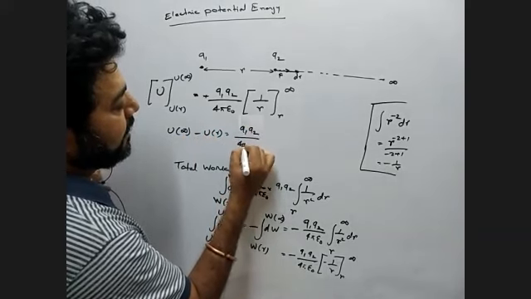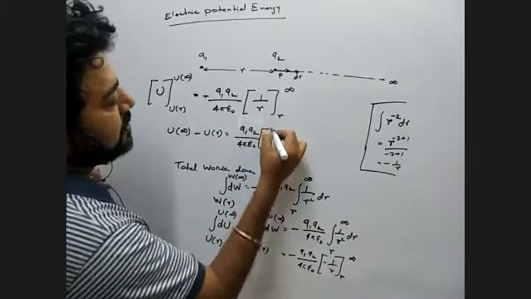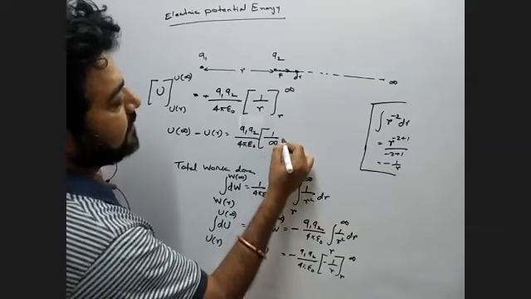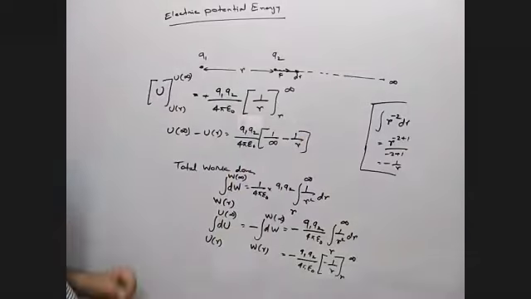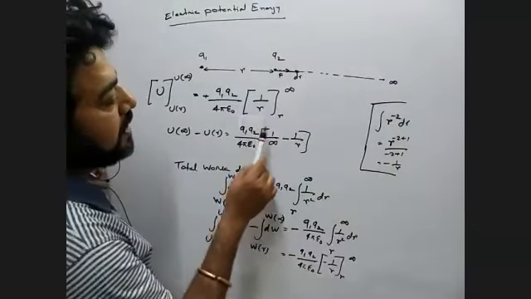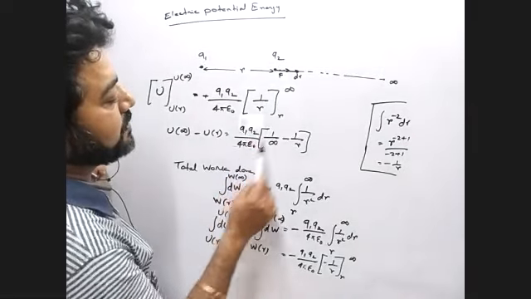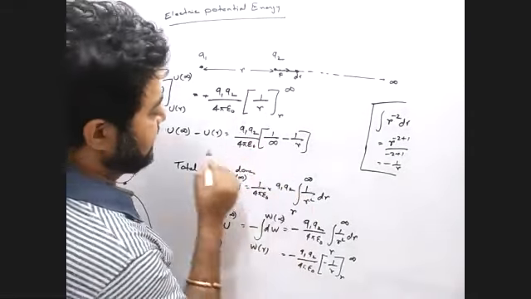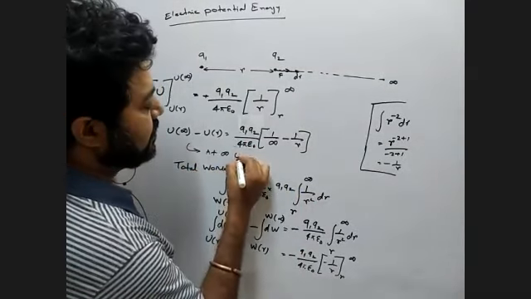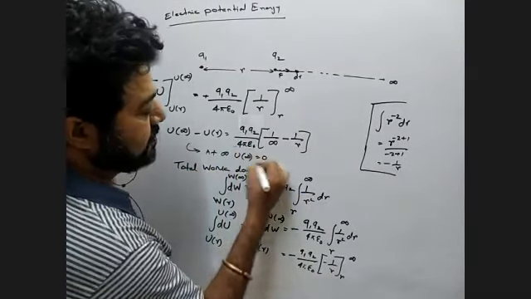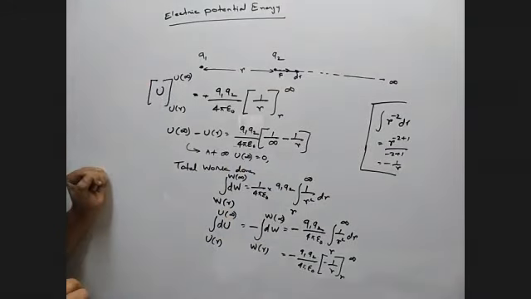Now see what happened: upper limit minus lower limit, U infinity minus U r, equals Q1 Q2 by 4 pi epsilon naught times 1 by infinity minus 1 by r. Now we can say that at infinity, U infinity is 0. So the potential energy at infinity is 0.